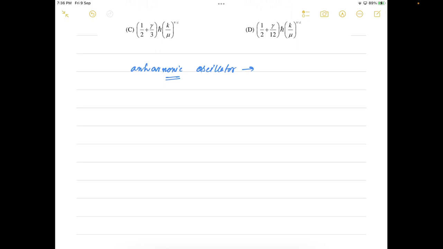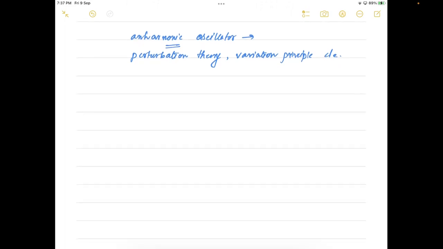Now how can we approximate this solution? One approximation method is perturbation theory. There are also other approximation methods like the variation principle, etc. So in perturbation theory, let's say we have a Hamiltonian of an unsolved system which cannot be solved exactly.